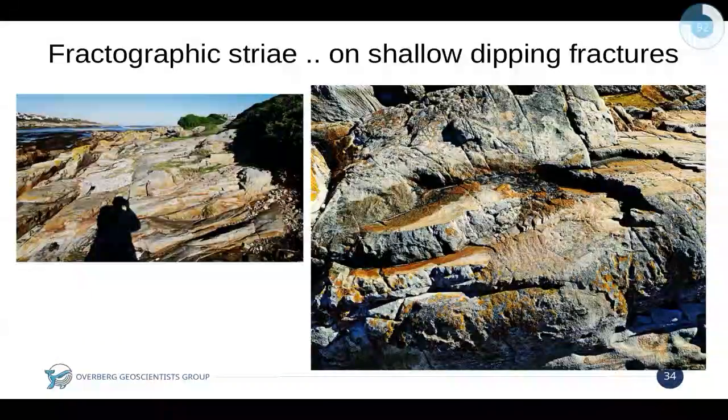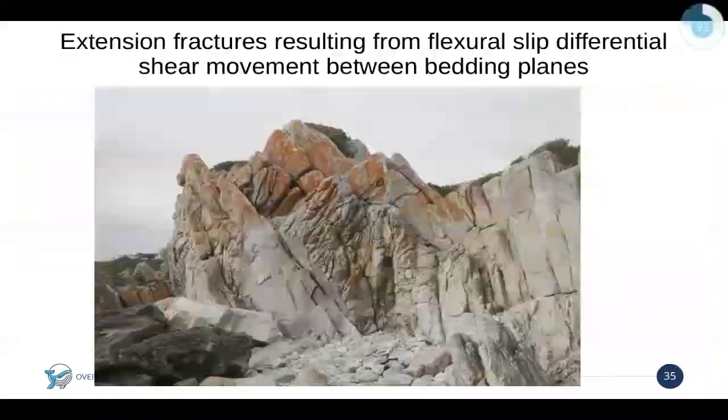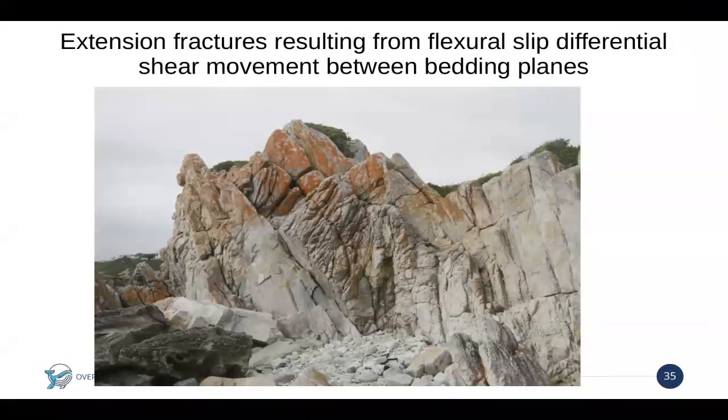There's the picture on the left, very much the same rock. You'll see the evidence of extension fracturing on the right there. There's another interesting feature. This is a bit to the west of Stanford's Cove. We'll be going in that area as well, near Raaswater.